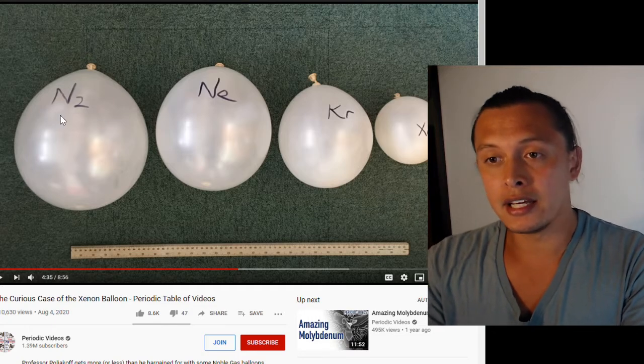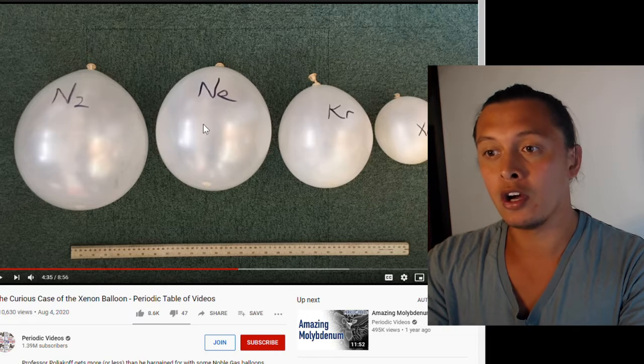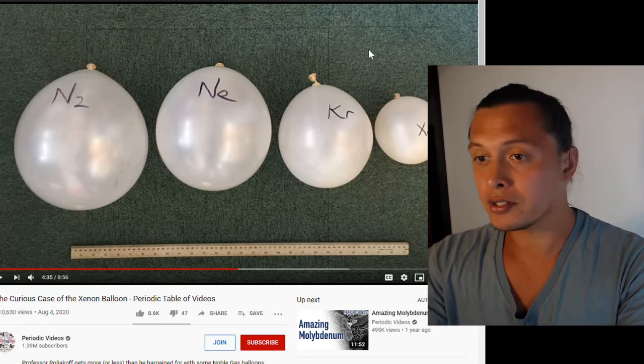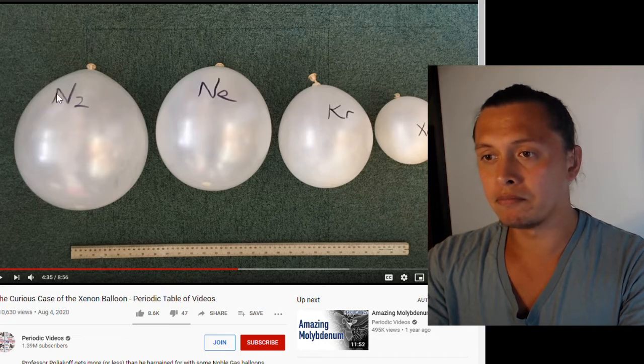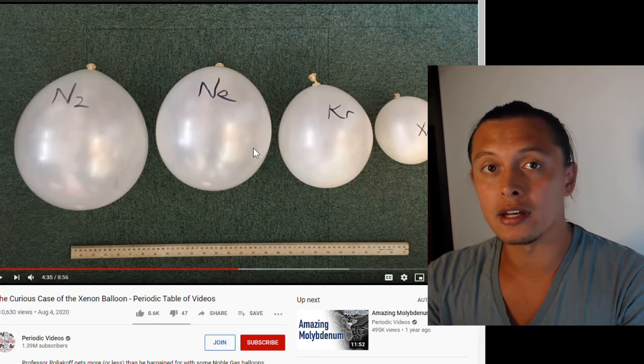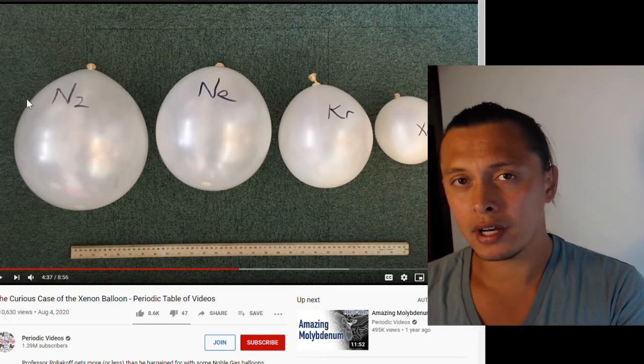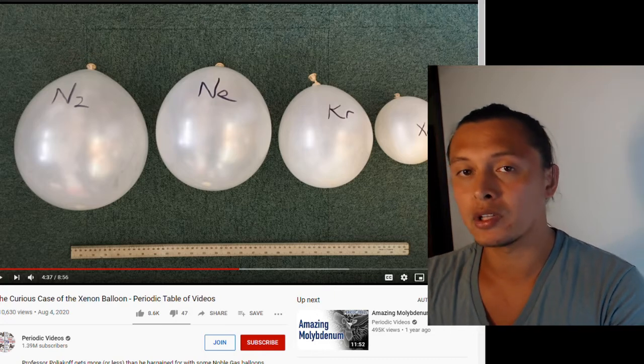Granted, the atomic radius of nitrogen is pretty much the same as the atomic radius of neon, if I'm remembering all of that correctly. Regardless, nitrogen was significantly better at staying within the balloon than neon was. So that was one of the situations where the gases were leaking out.